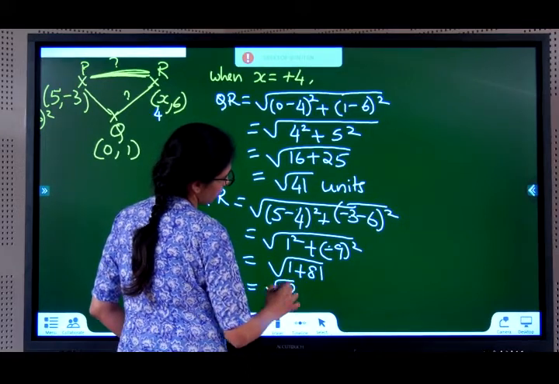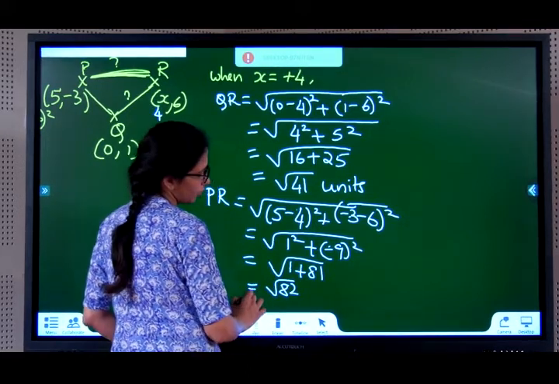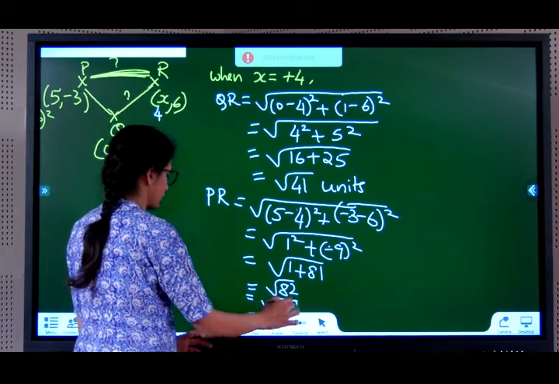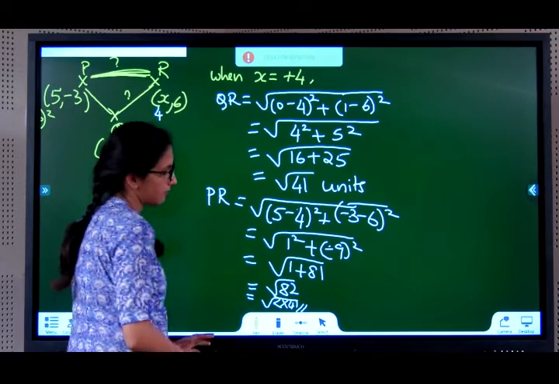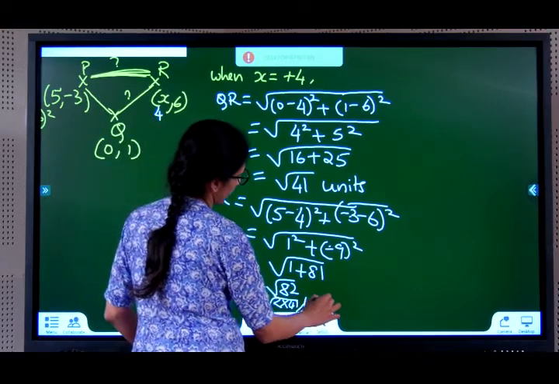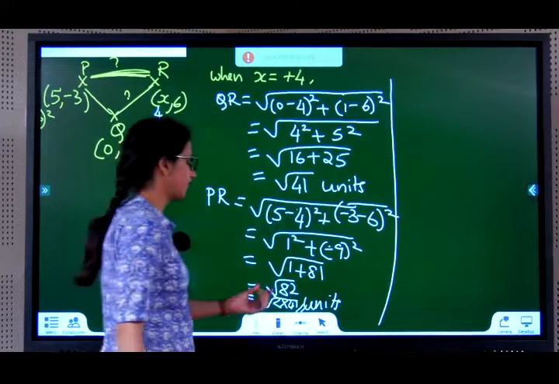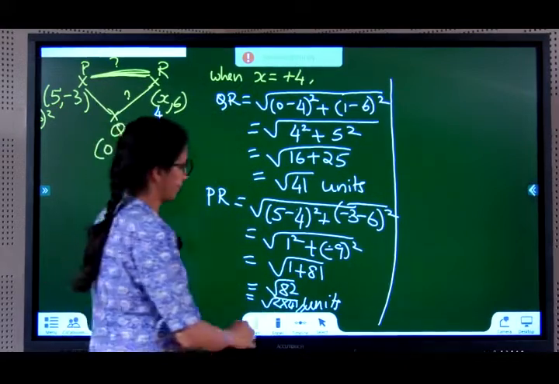Root 82. Root 82 is what? Root of 2 into 41. You can't simplify further. Leave it as it is. Units. Root 82 units. Why can't you simplify? Because there are no pairs in it if you prime factorize it.